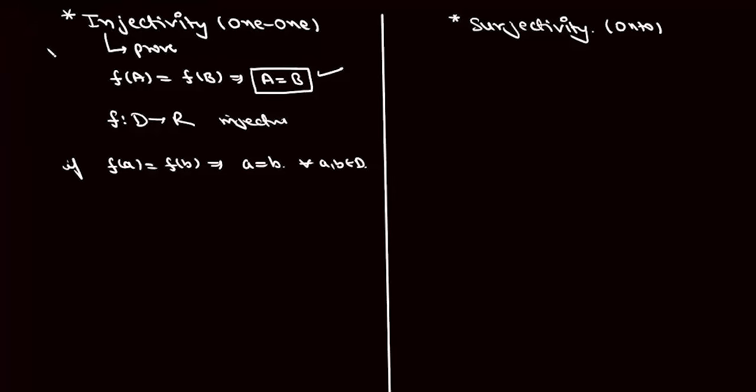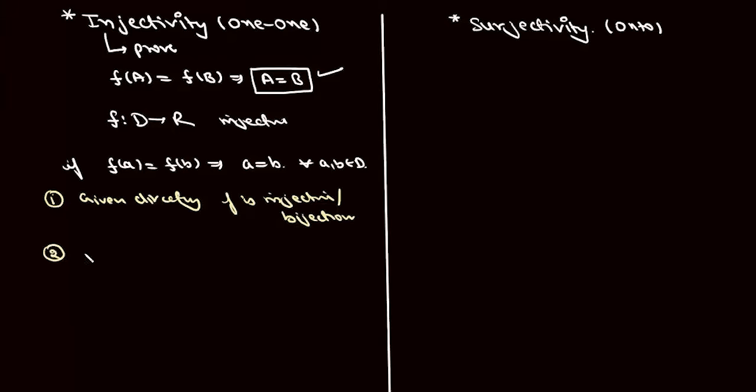So basically there are three routes. One is you are given directly that the function is injective, or it is a bijection. Second route is through strict monotonicity.